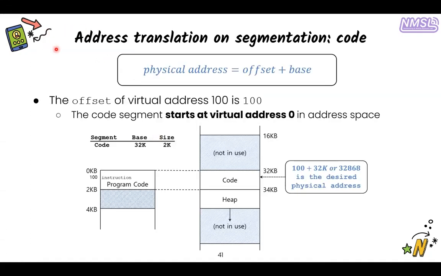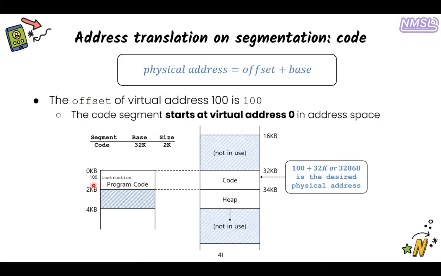So now, address translation and segmentation. With segmentation, translation is just a little tiny bit more complicated. First, we're going to look into the code part. So the physical address is basically base plus the offset.